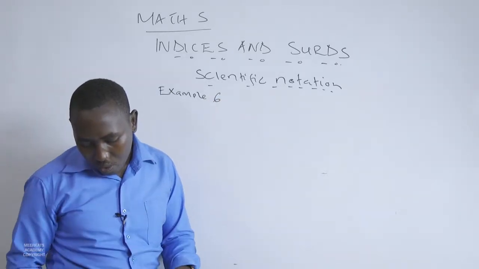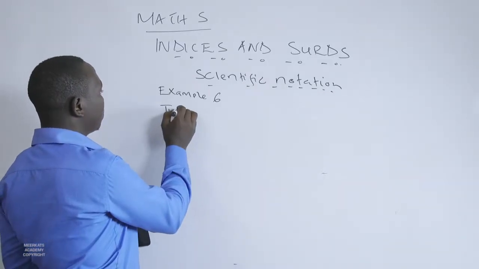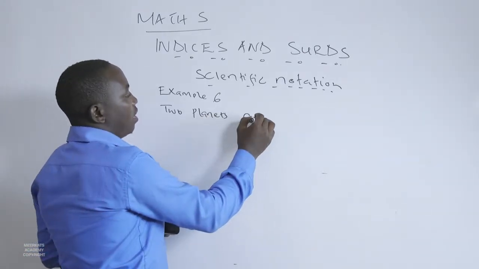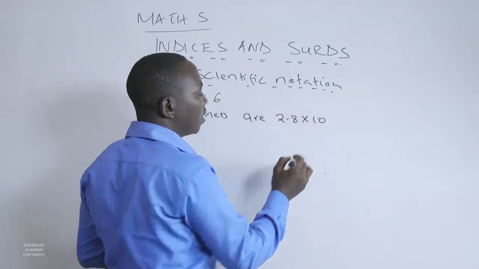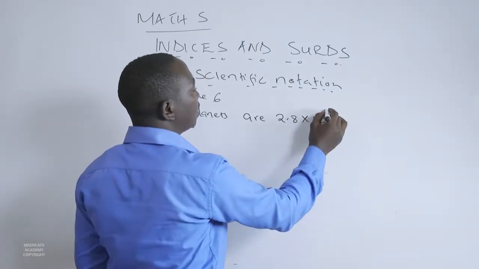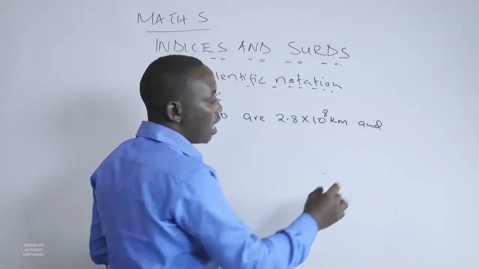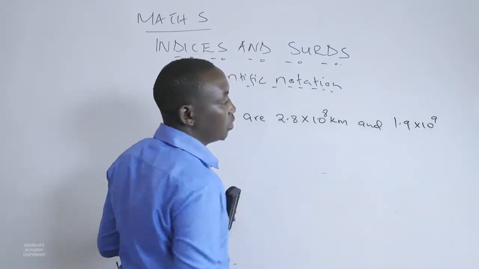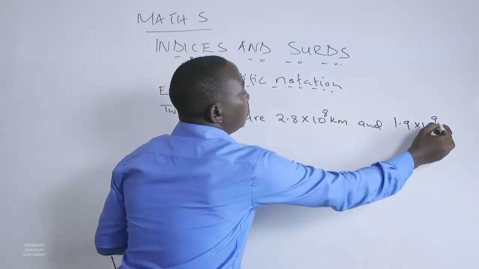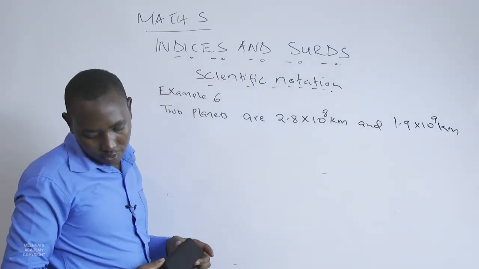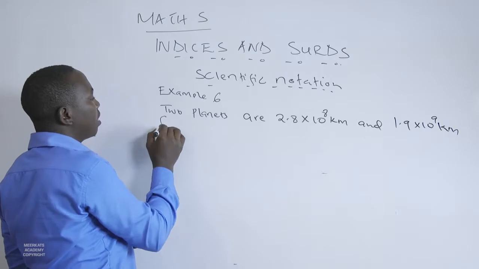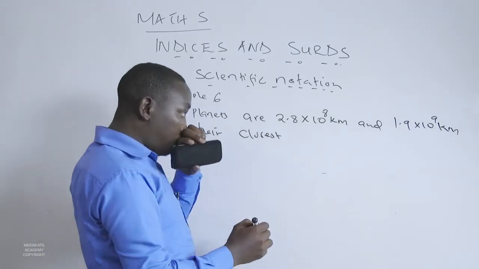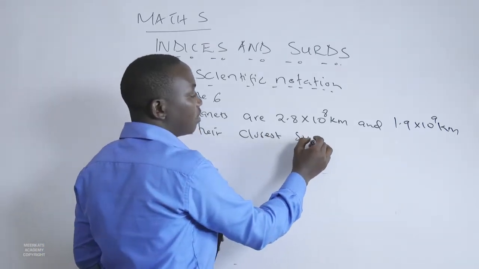Example 6, we are told that 2 planets are 2.8 times 10 raised to 8 kilometers and 1.9 times 10 raised to 9 kilometers from their closest sun.